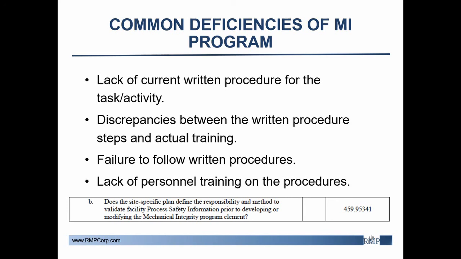A facility culture that does not support procedures as the accepted way to perform the task or activity could also lead to the same issues we just discussed. Insufficient management systems that ensure procedures are followed would also fall into this category, as well as the existence of multiple or conflicting procedures. Finally, lack of personnel training on the procedures is in and of itself a common deficiency of MI programs.